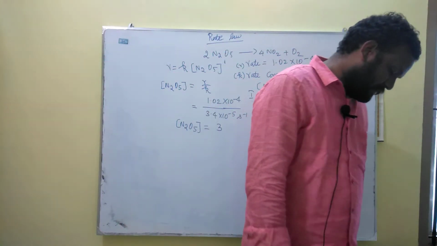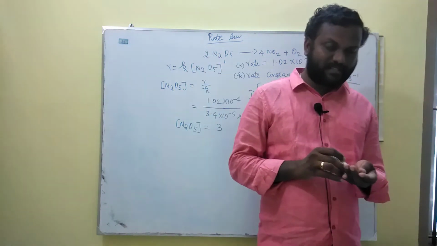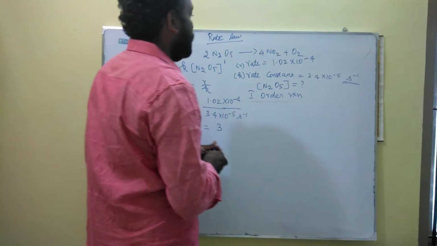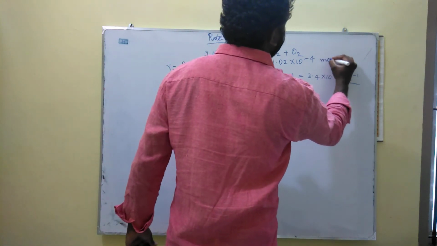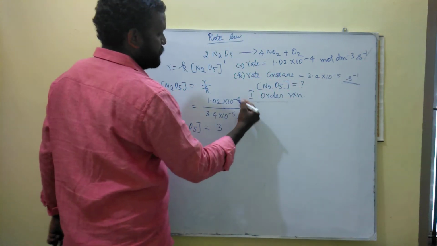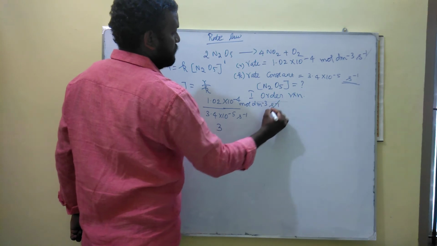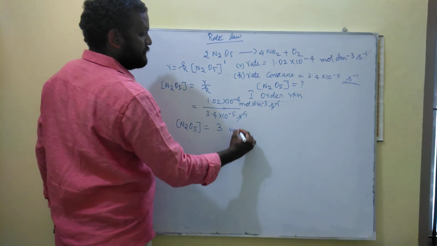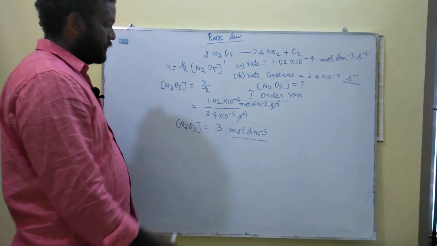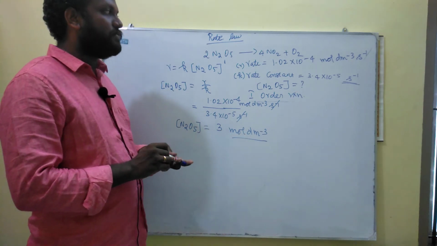Rate is nothing but mole per liter per second, which is mole per decimeter cube per second. You just substitute, and mole per decimeter cube per second will be cancelled. So your answer is 3 mole per decimeter cube, because concentration is in mole per decimeter cube. So the concentration of N2O5 is equal to 3 mole per decimeter cube.